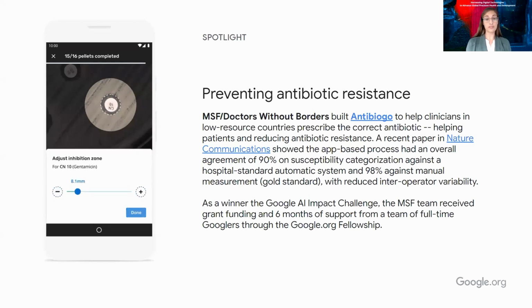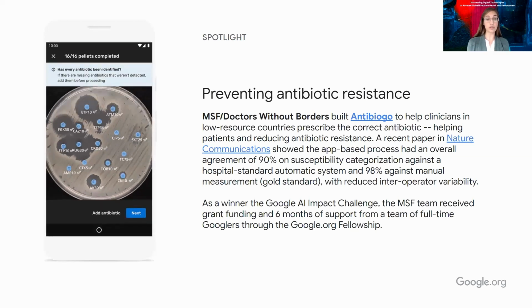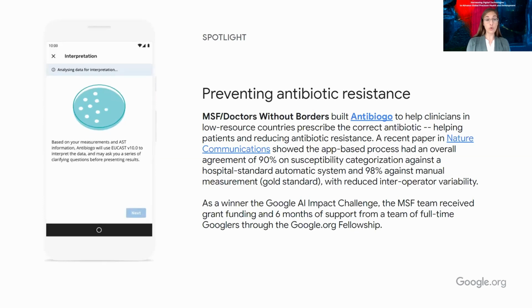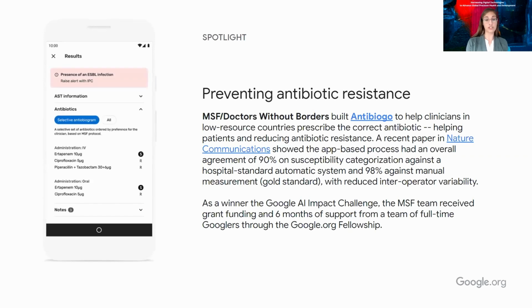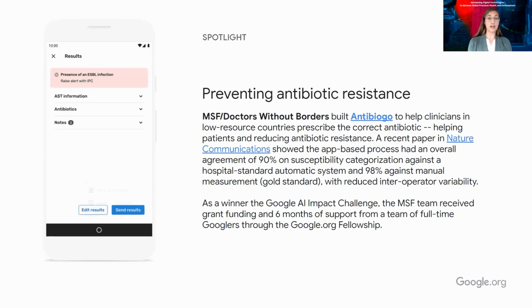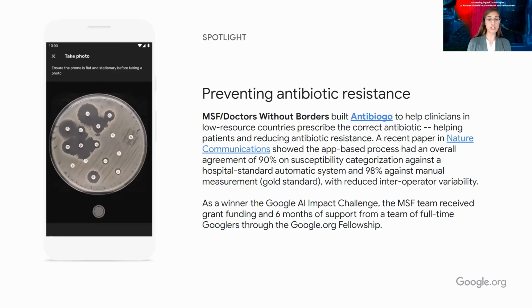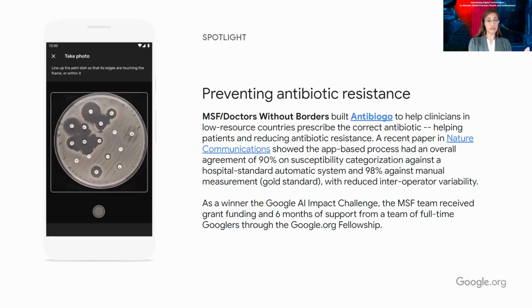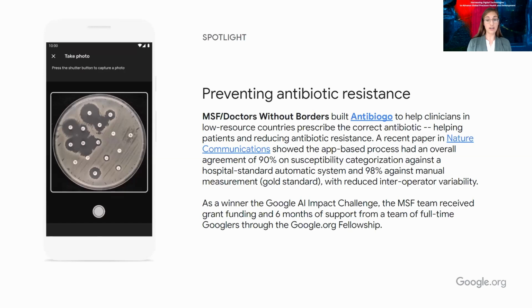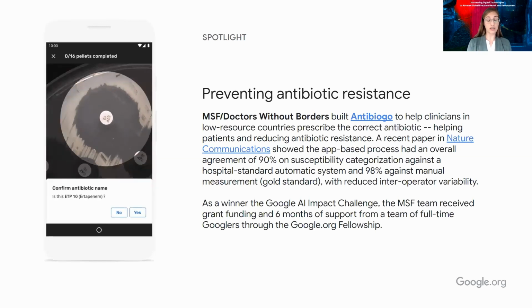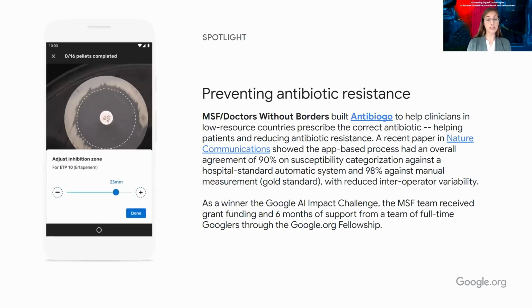So the challenge of dealing with antimicrobial resistance requires prescribing the right antibiotic for the bacterial infection that's being presented. To get that information, we typically use expensive lab equipment and very highly trained microbiologists to interpret the Petri dish that you see here, a susceptibility test that shows how the bacteria is reacting to various antibiotics.